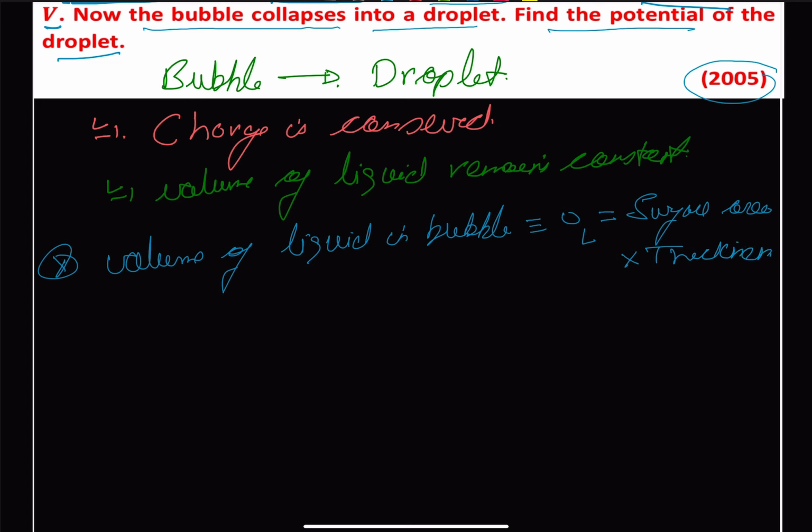So we can write our volume of liquid will be equal to 4 pi a square multiplied by thickness, that is given as T. Now we can find out the radius of the droplet because the volume is to be same.